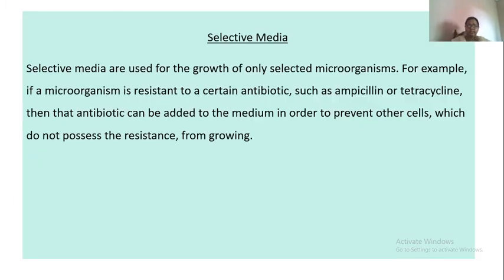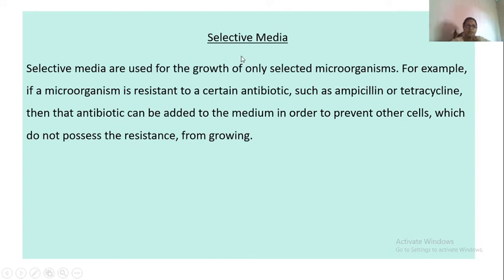Now, just like how we explained differential medium, we will first start with the name, selective media. Selective media means, from the name itself you can tell that it selects the organism, or it is selective for a certain organism. That means it will allow the growth of only one or two type of organism. So these are called selective media. And how is that possible?